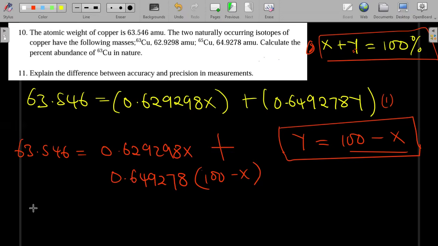And then from there, we can continue. So 63.546 equals, this one is the same.